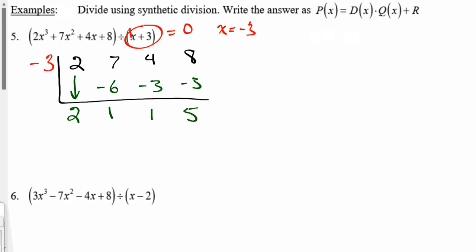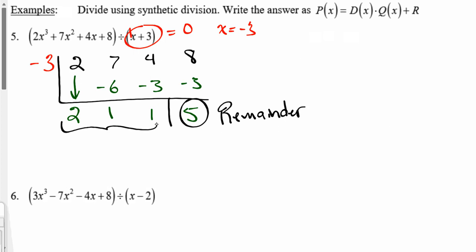The numbers are the same. So as in this, 5 is what? 5 is the remainder. So in this spot, we'll see the remainder. And then those numbers are what? Coefficients for the quotient.